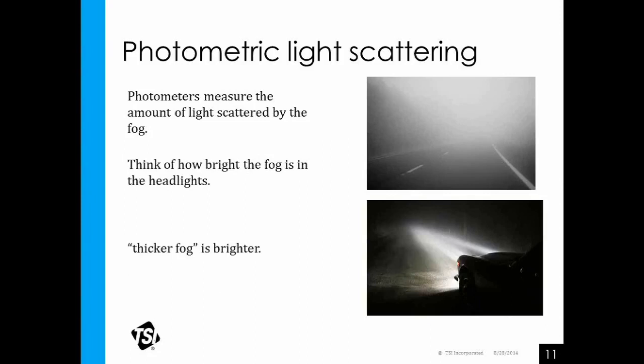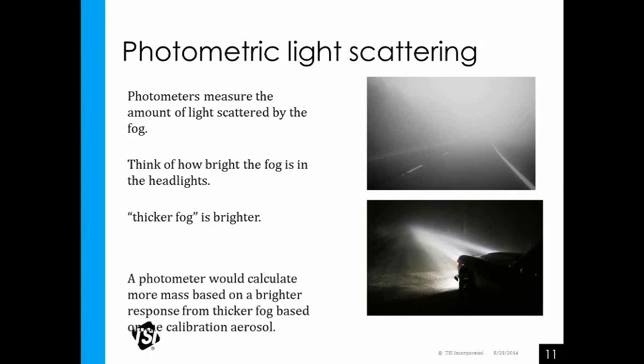And the thicker the fog, the brighter it is. That's kind of what the photometer sees when the aerosol is coming through the photometric chamber. The brighter the fog of aerosol, the heavier the concentration is, and it compares that to a known aerosol that's been calibrated to, and it gives a measurement. So we're measuring the fog, we're measuring the aerosols as a group, not just individual particles.